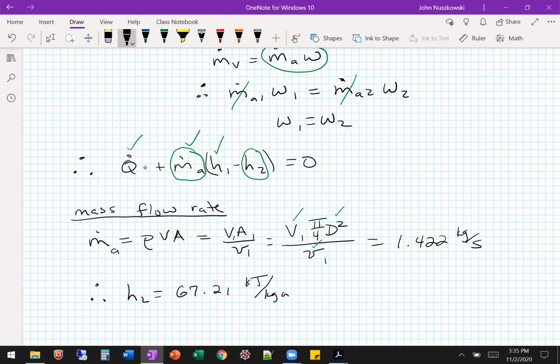The other thing I want to point out again, as I mentioned in the lecture notes, is that this is per kilogram of dry air. That's why we only had to worry about the mass flow of dry air in the conservation of energy. But the enthalpy includes the dry air and the water vapor portion.